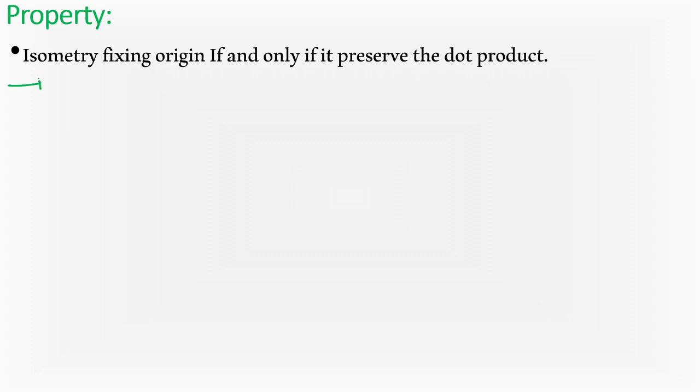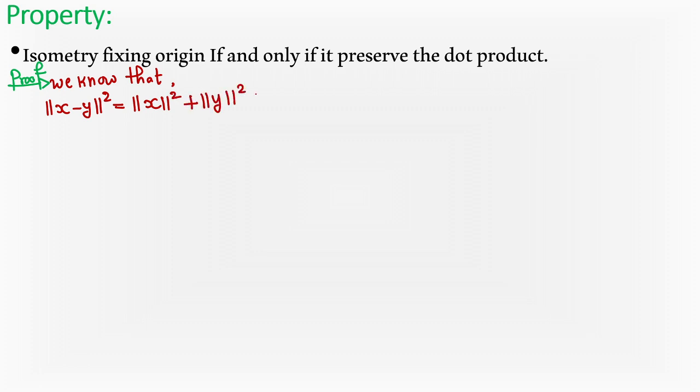For the proof of this, I'll start from, we know that my norm of x minus y, the whole square, can be written as norm of x square plus norm of y square minus 2 times the inner product of x and y.